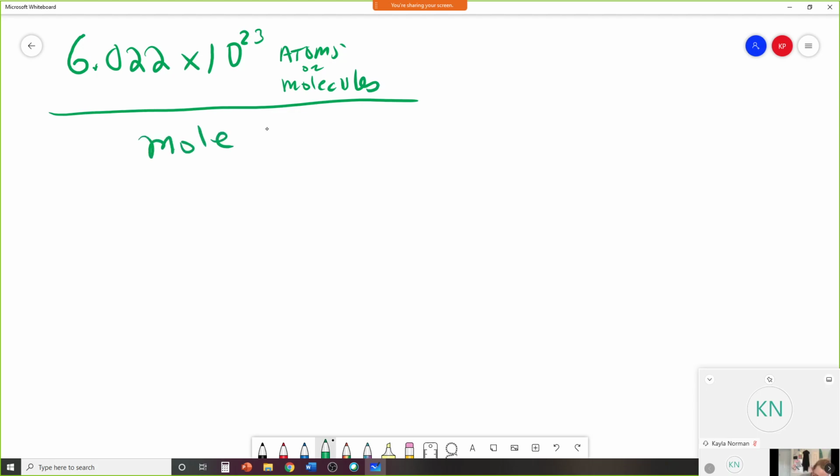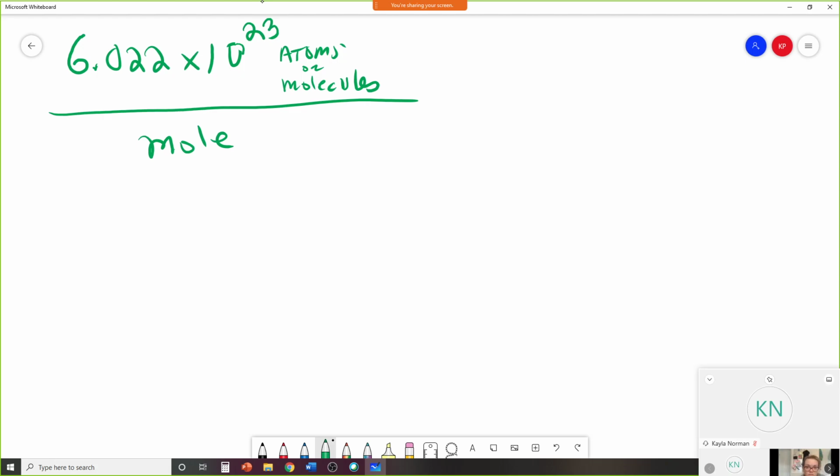This is our first relationship as far as stoichiometry, otherwise known as stoic. Let me make a better 23. There it is. Okay? This is atoms or molecules per mole.